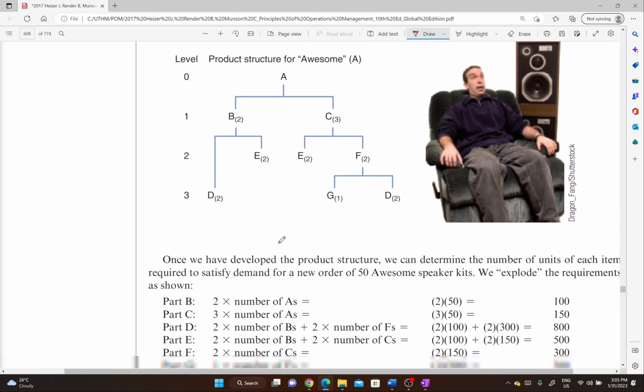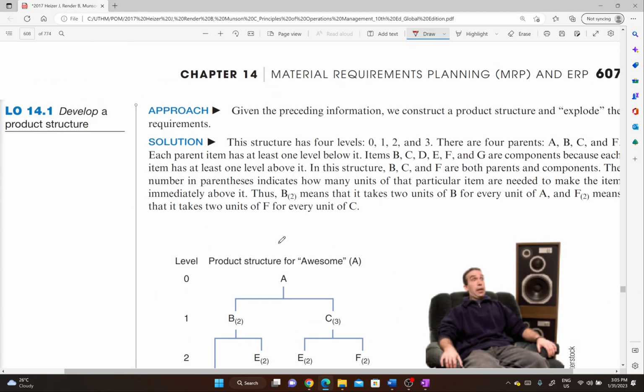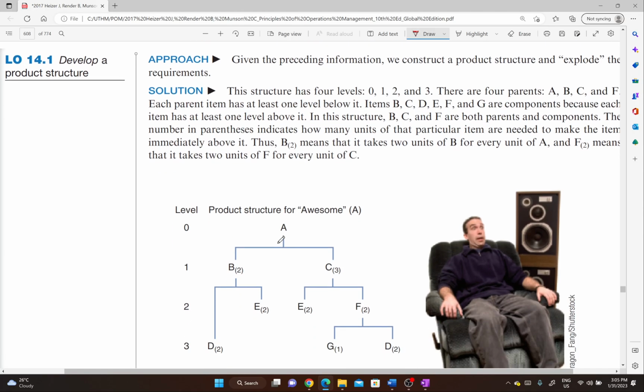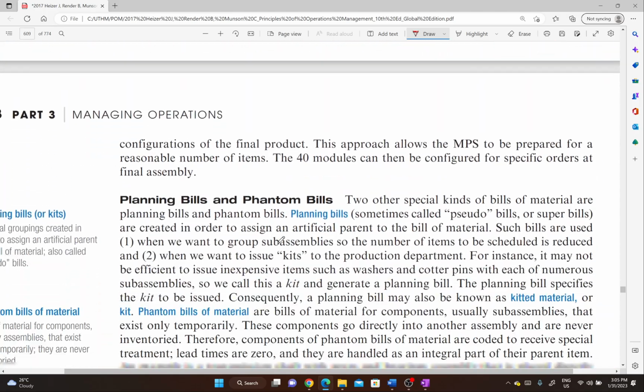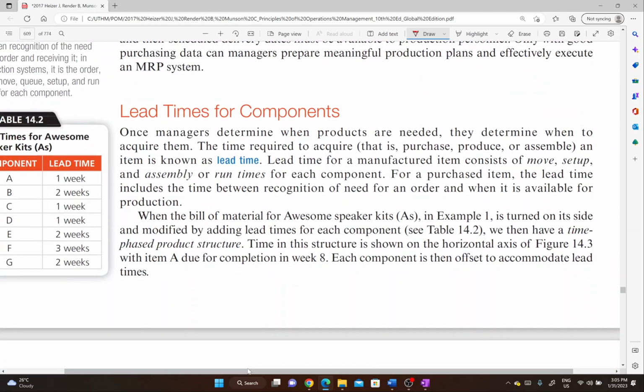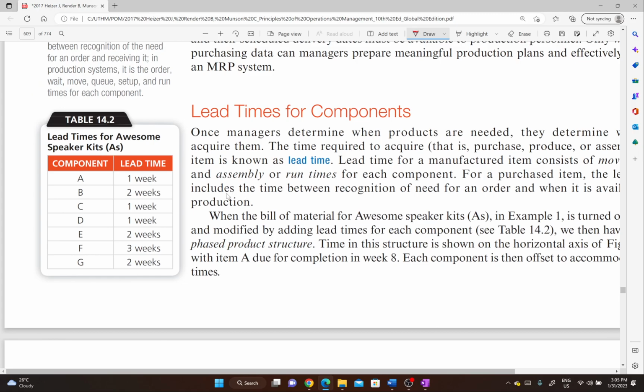All right. After product structure, I'm going to go through time phase structure. Time phase structure is used whenever they give you a lead time to make the product.